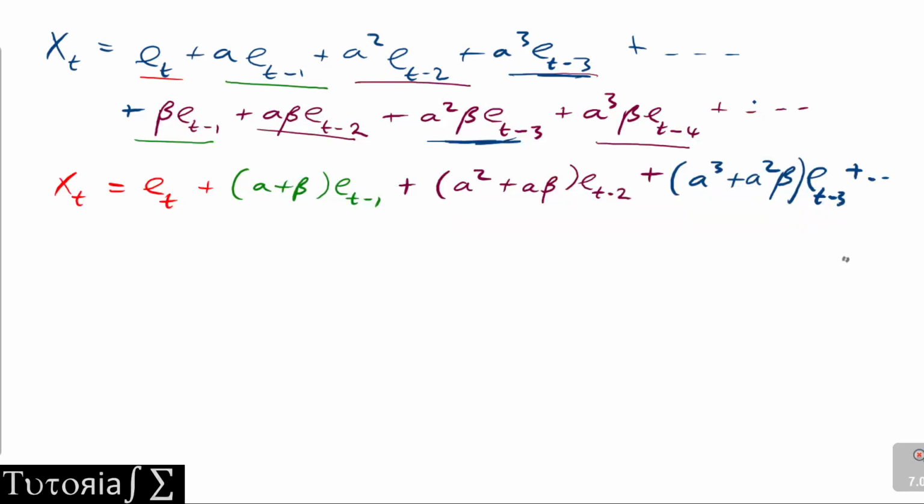Okay, so now this goes on and on. We can create the general term of x_t. So first of all, we can find the general term of the constants.